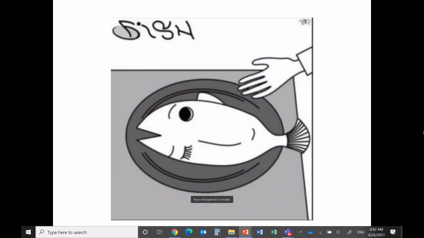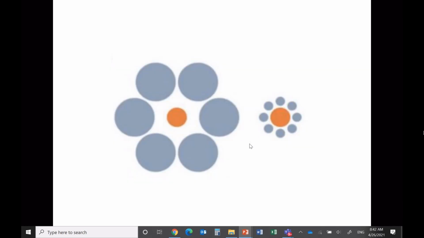This is again a picture like a fish. However, this is a face. You see the eyes, the nose, the mouth. You can say to me that the diameters of these orange circles are different. This is less and this is more, but they are equal. They're the same.